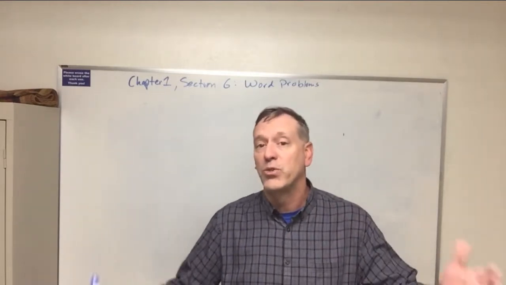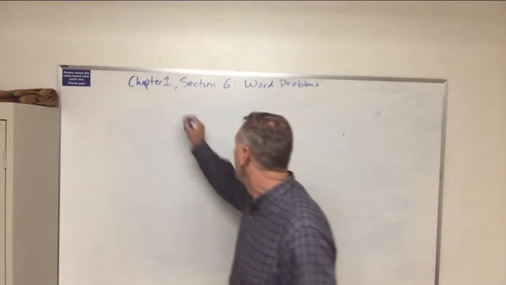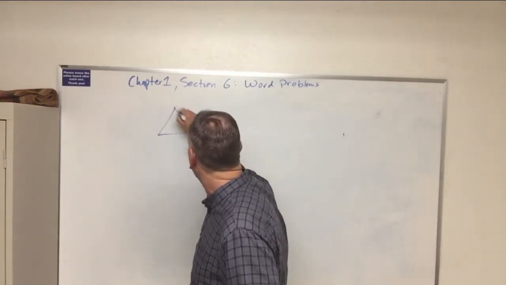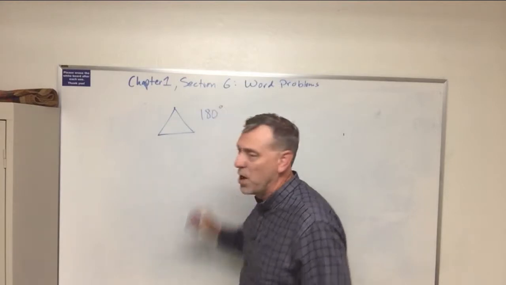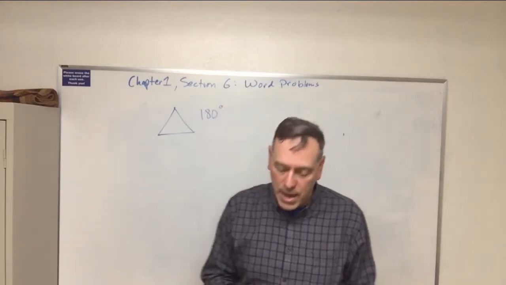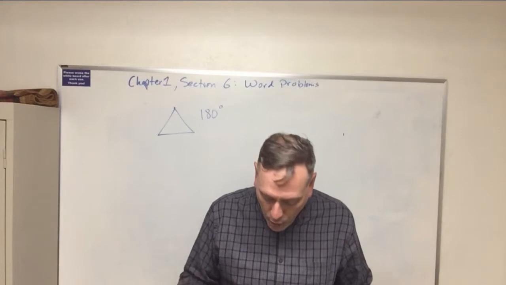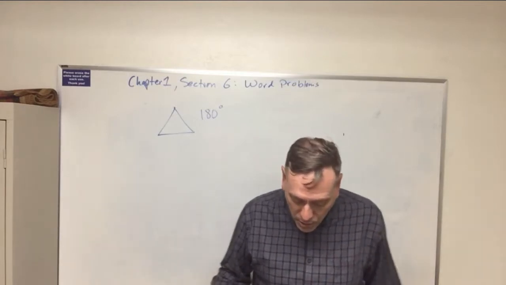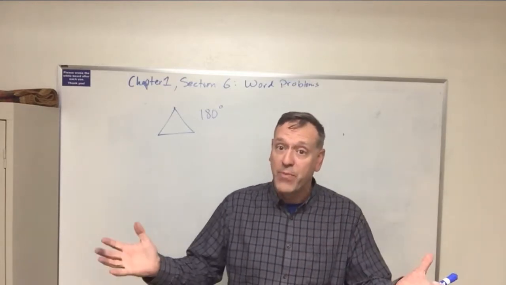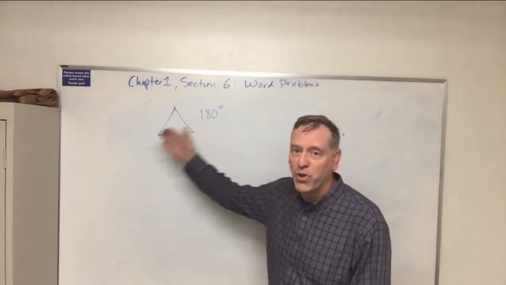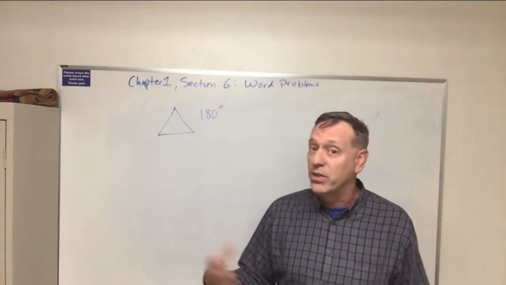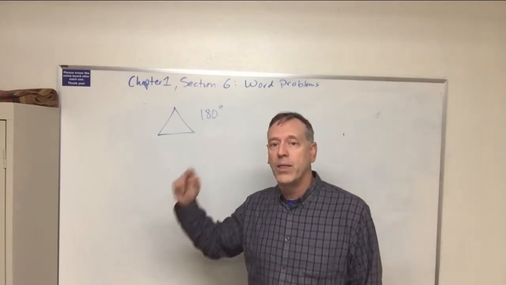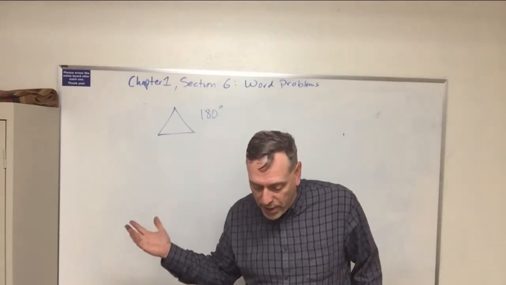We also have the situation where the sum of the angle measurements of a triangle is 180 degrees. This is fairly common knowledge and can be very helpful. So in terms of a lot of mathematical principles, the concepts of triangles are used in all sorts of engineering problems and architectural problems. And so the book has a word problem involving angles of a triangle.